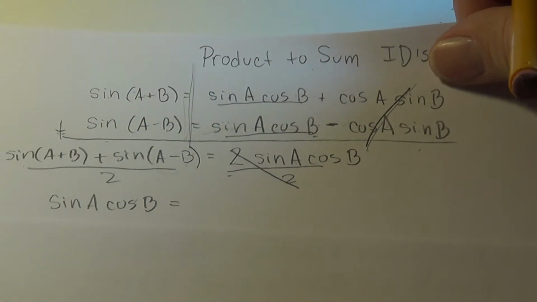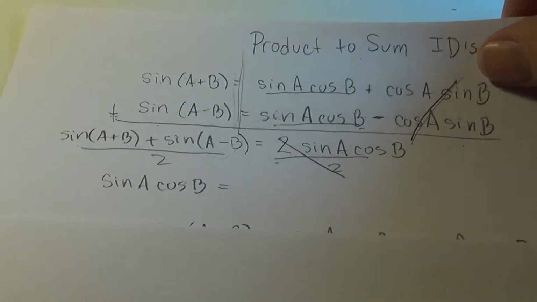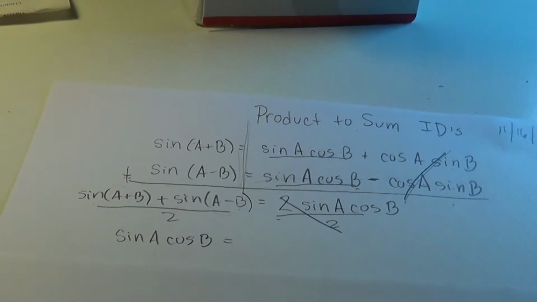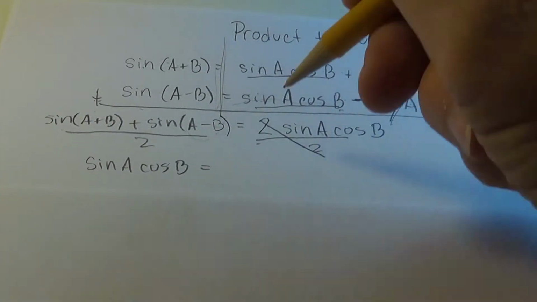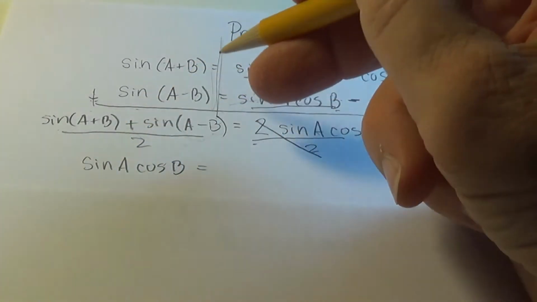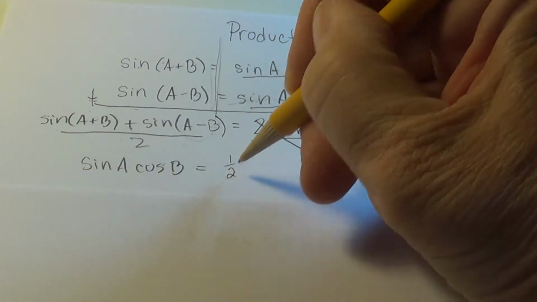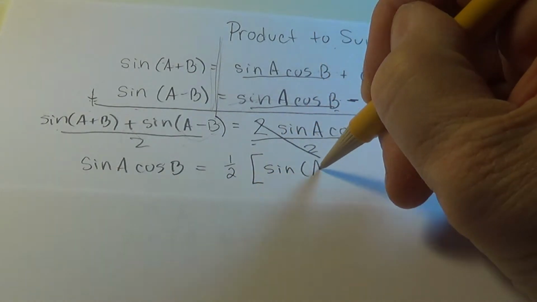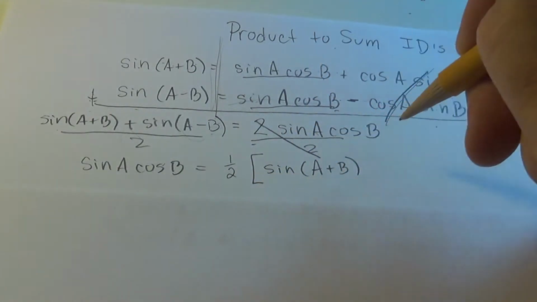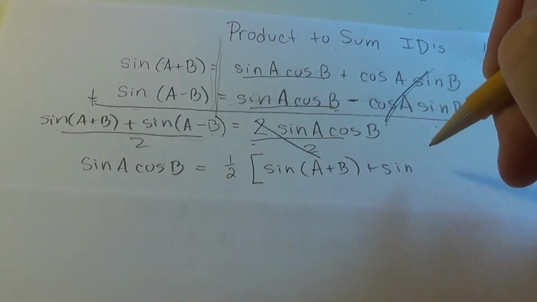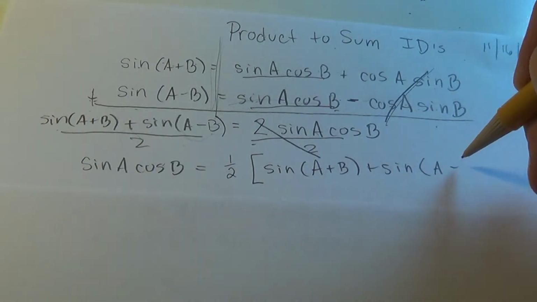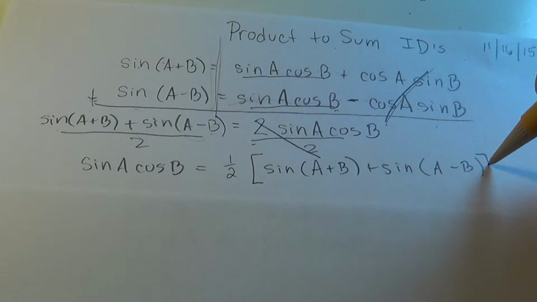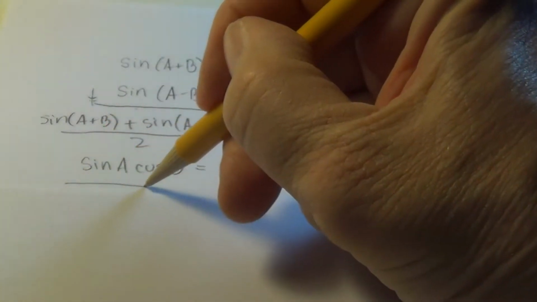And I'm also going to write this divided by 2 out in front, 1/2, if you will allow me. Alright, I'm going to be so kind as to end our first trig ID for tonight.